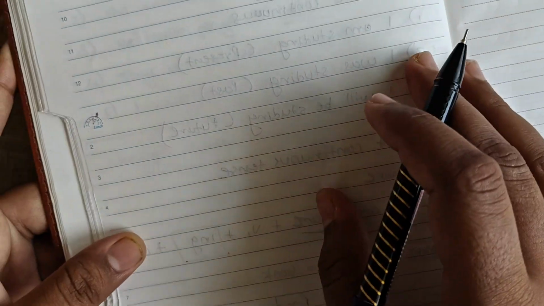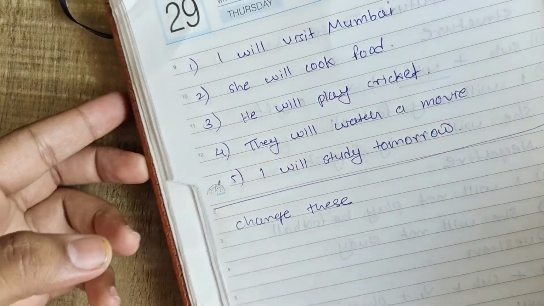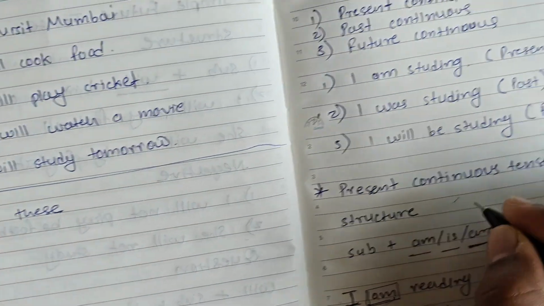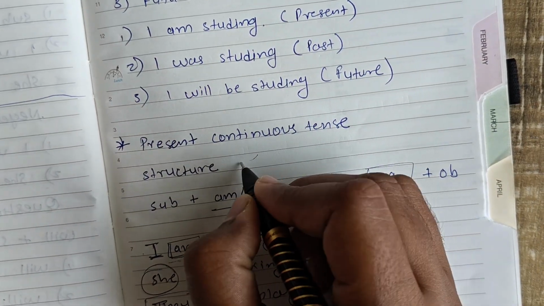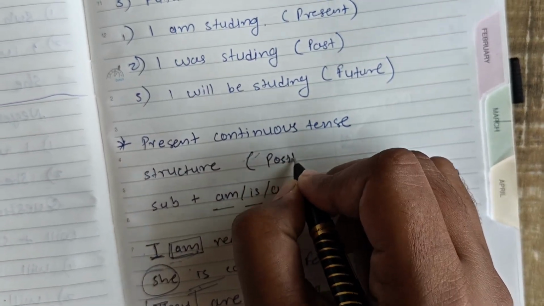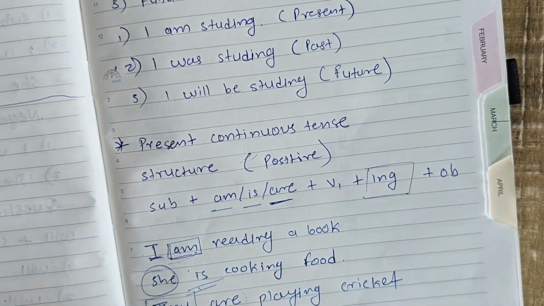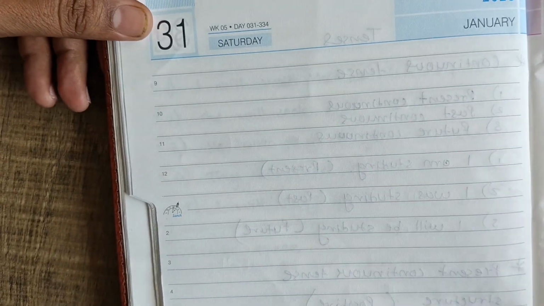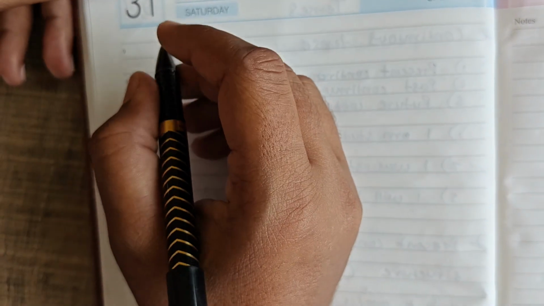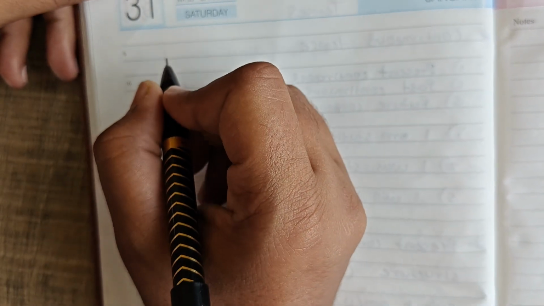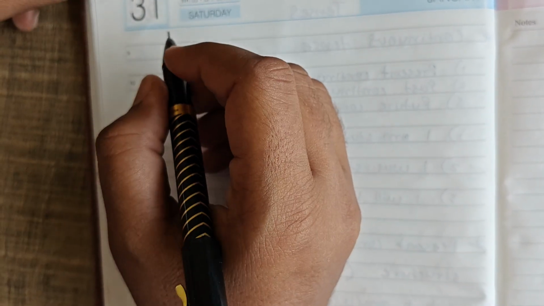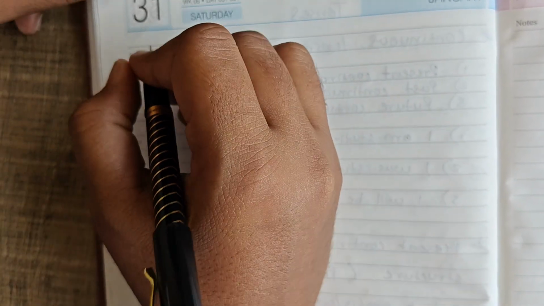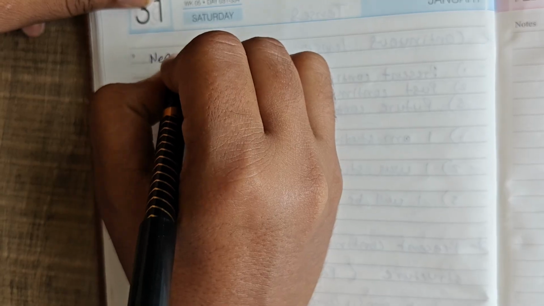Now just look at the negative sentences in present continuous tense. This is the structure of positive sentences. Now we will learn the negative structure as well. Not too difficult. Just add not after the helping verb, then it will convert into a negative sentence.